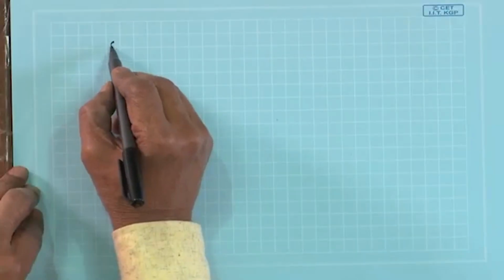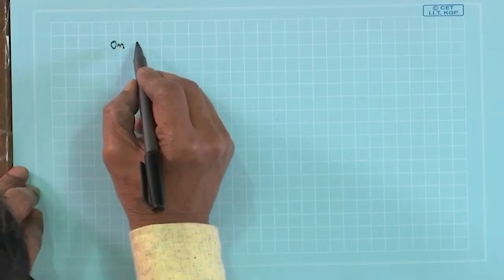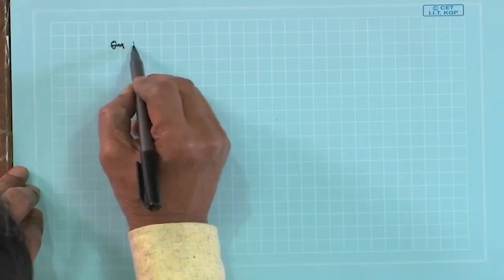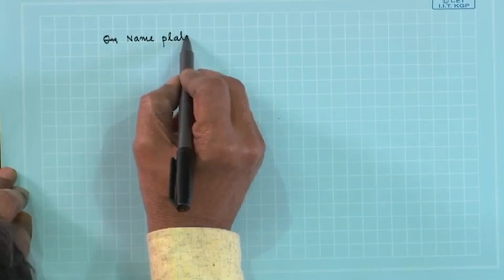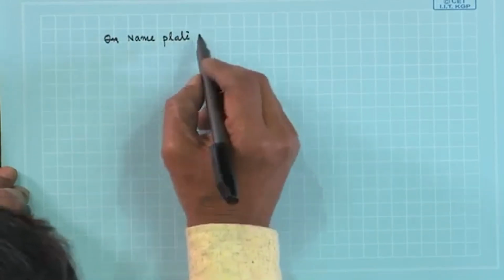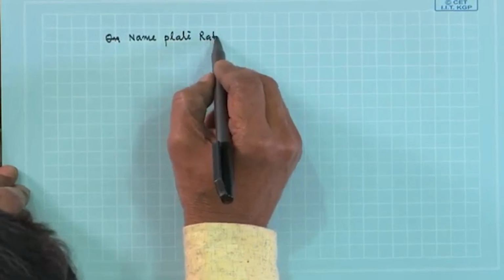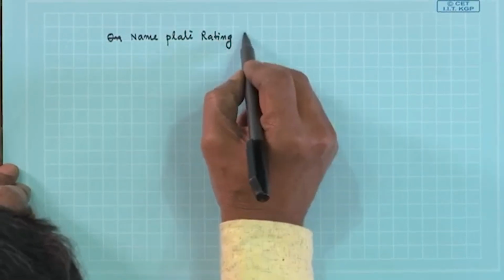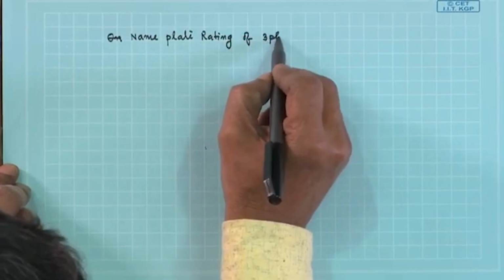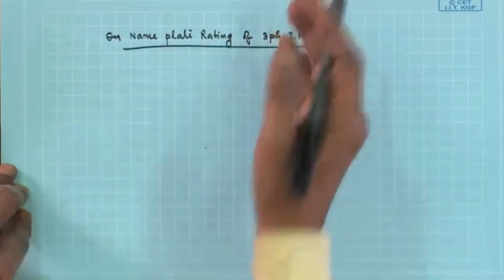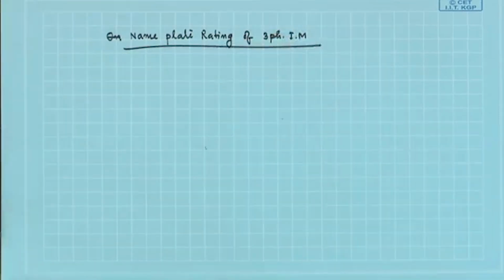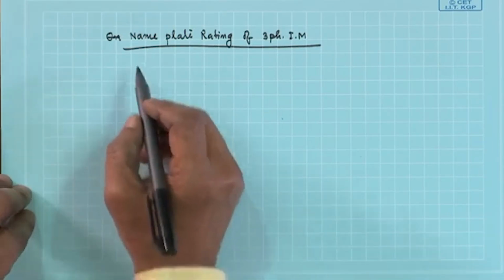The nameplate rating of a 3-phase induction motor is important to note. Every motor has written on its body the kilowatt rating of the machine.